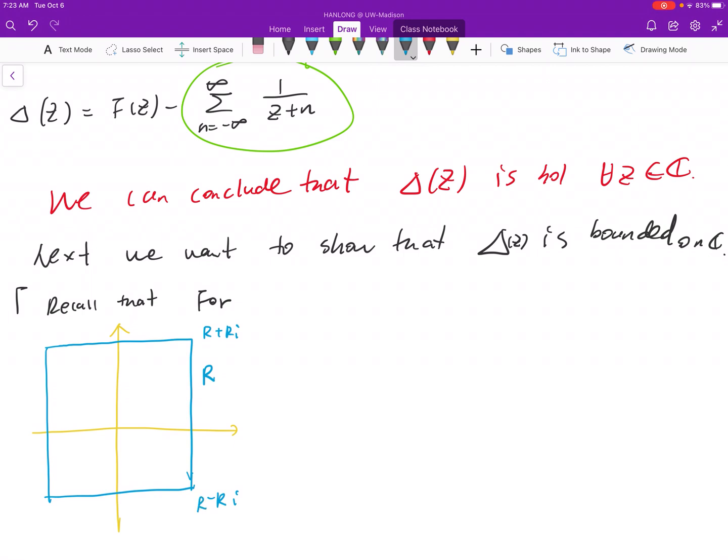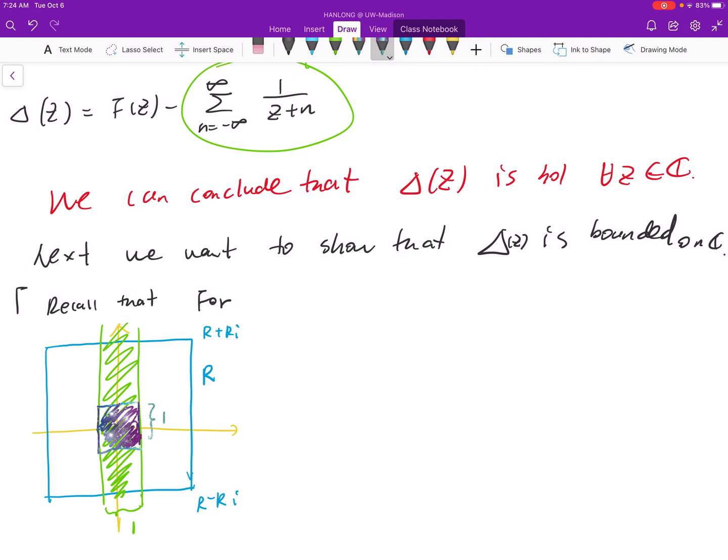By the periodicity, you can actually restrict to the stripe near 0, of length 1. You only need to consider this region. Then when you do the estimate, just as what we did last time, you will see it's bounded by the value of pi cotangent inside this fixed small region. This size is 1.